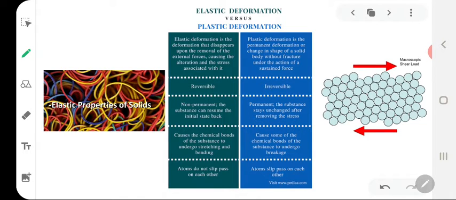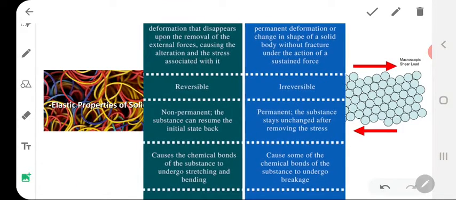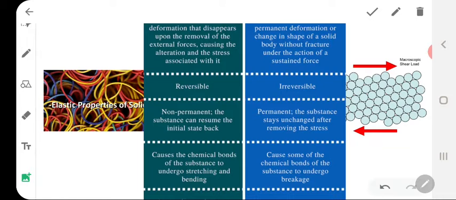So, very quickly, we can cite the differences between an elastic deformation and a plastic deformation. So let me just zoom this picture for you all so that it is properly visible. Elastic deformation is the deformation that disappears upon the removal of the external forces, causing the alteration and the stress associated with it.